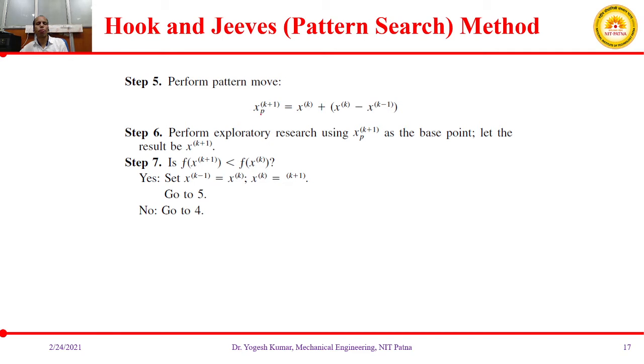If we identify the next point, p k plus 1, is equal to x k plus x k minus x k minus 1. Now since we have got this value p k plus 1, we will perform exploratory search using p k plus 1 as the base point, and let the result be x k plus 1.